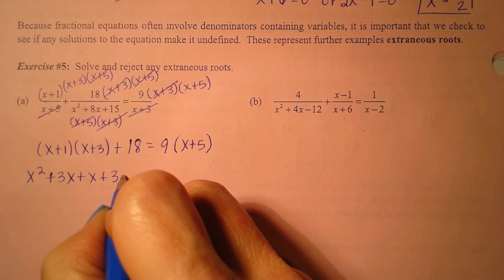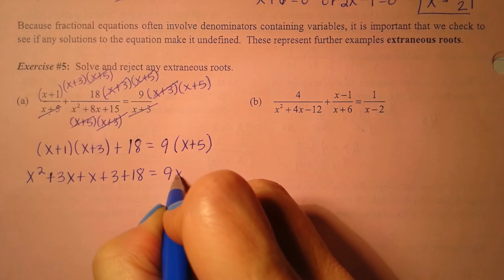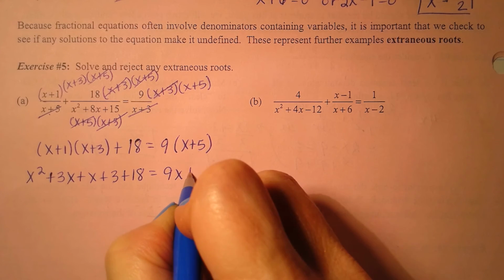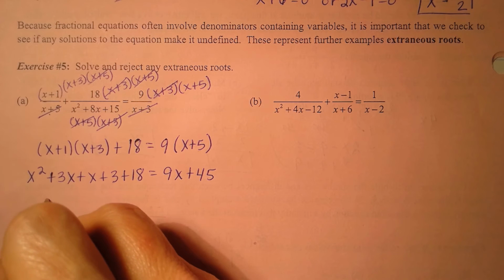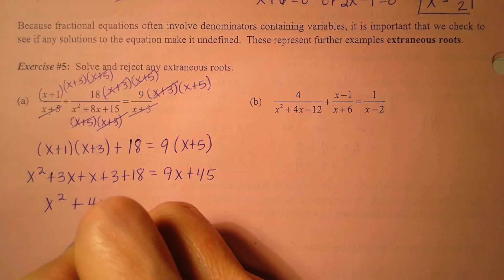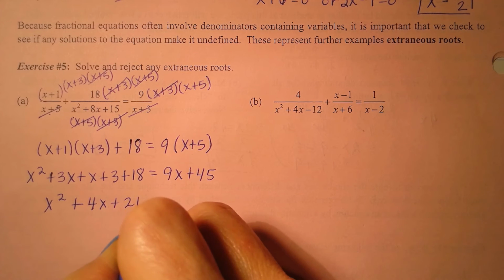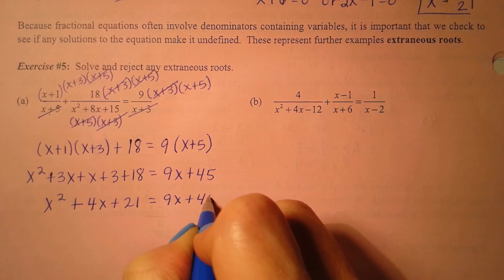We still have the plus 18. 9 times x is 9x, and 9 times 5 is 45. Now combining like terms, we end up with x squared plus 4x plus 21 equals 9x plus 45.